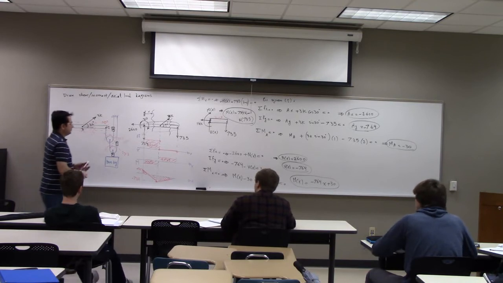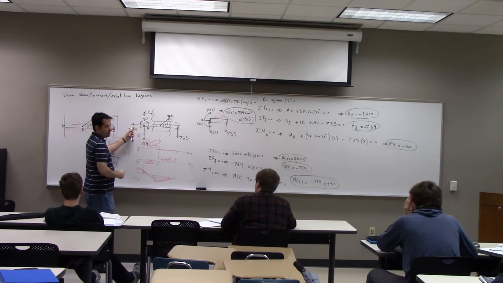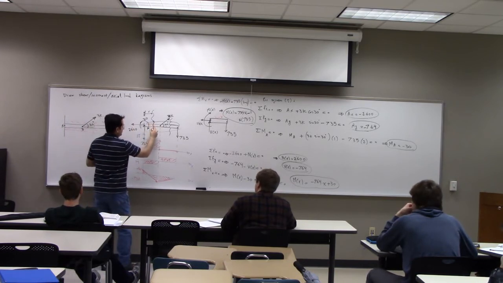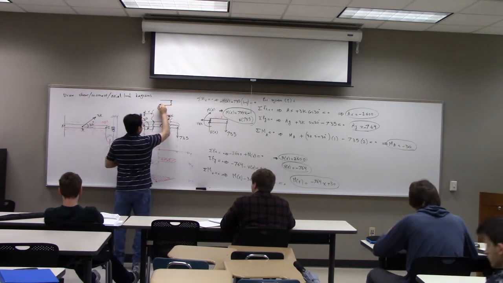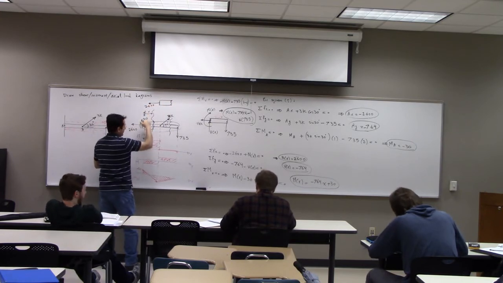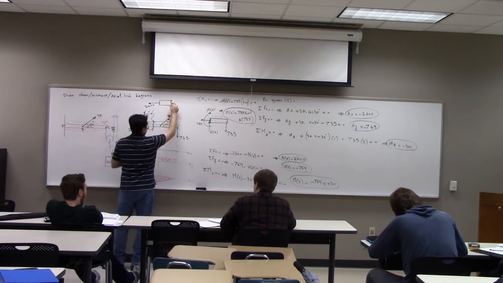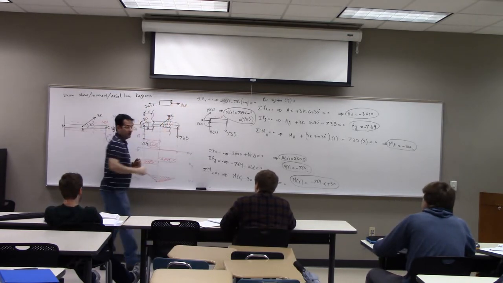Well, when you find the reactions, this 2,600 is to the left. Now when you cut this part and draw the FBD, just do that. So you have 2,600 here, and some other couple moment. And then for the shear load, the directional positive shear load is always tension.